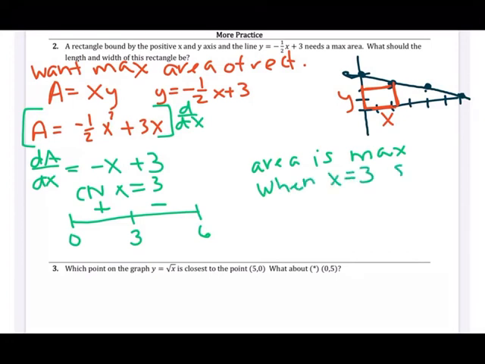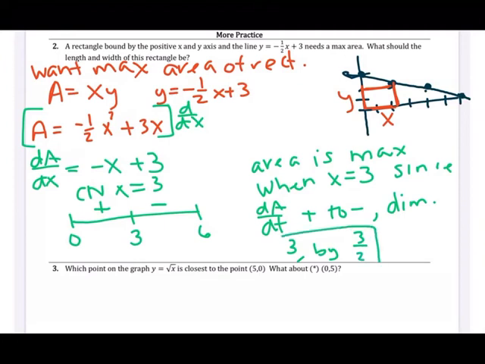If you had to justify, you would say since dA/dx changes from positive to negative there. So the dimensions would be 3, and then if I plug 3 into y equals -1/2 times 3 plus 3, I would have 3 by 3/2 as the dimensions of this rectangle.